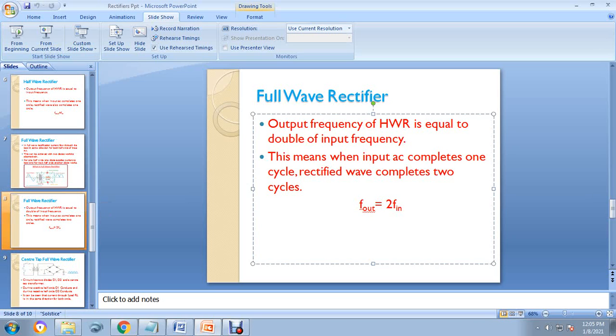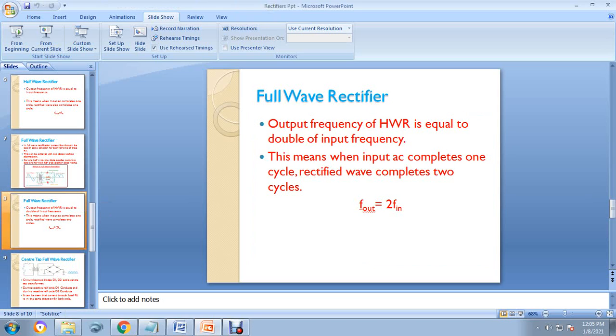Coming to the advantages, here the ripple factor is 0.46, which is half of the half wave rectifier. This means the component of AC in the output, compared to the DC, is very less in the case of the full wave rectifier.